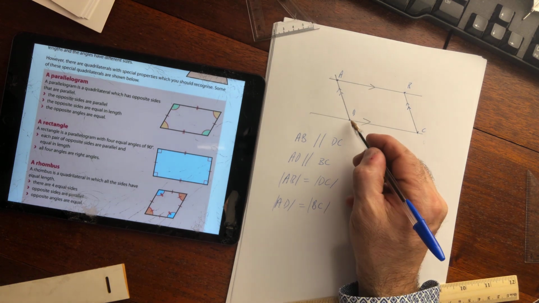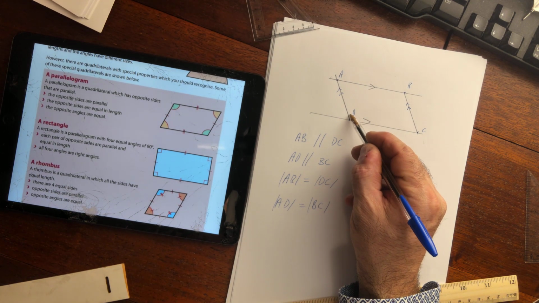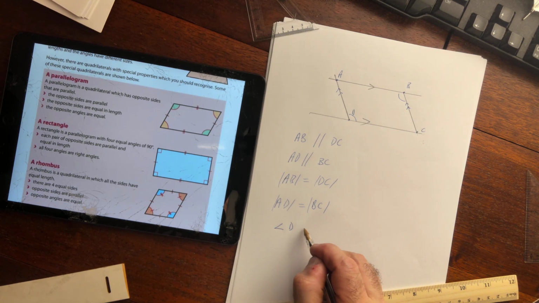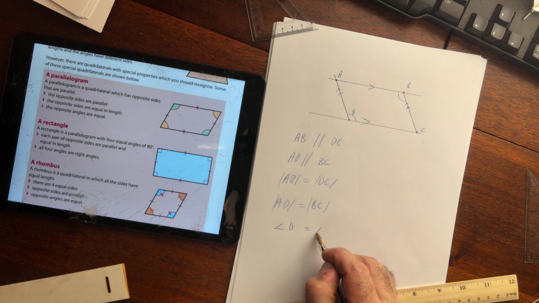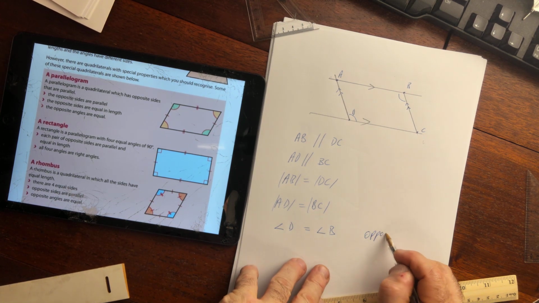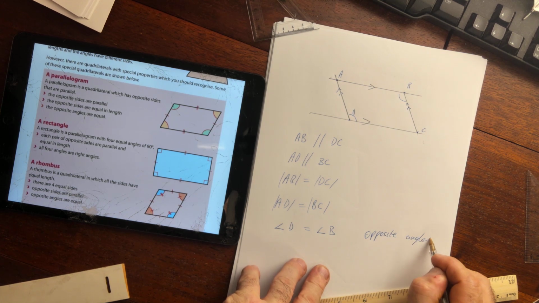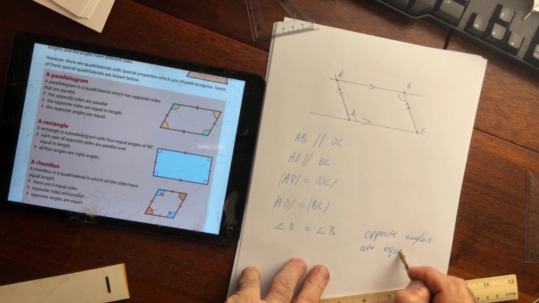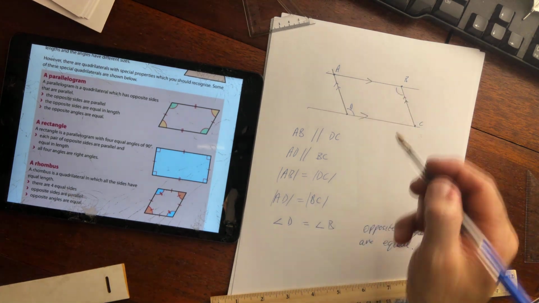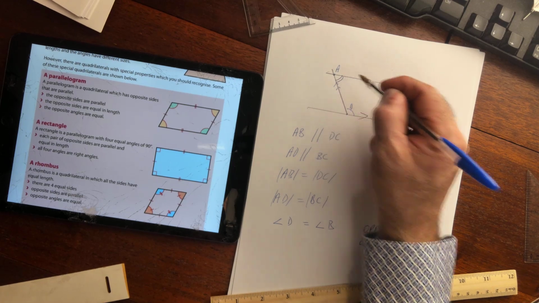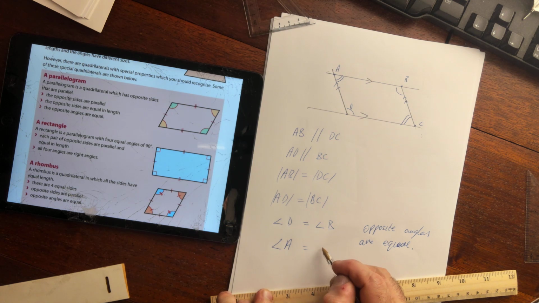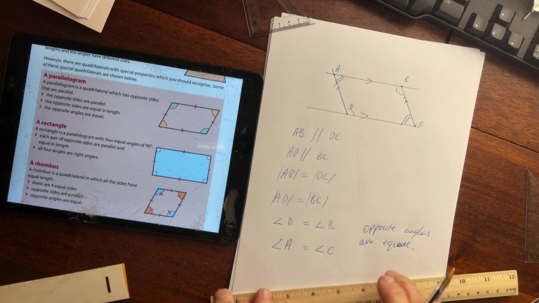The angle at D is equal to the angle at B, so I'm just going to say angle D, assuming that they're internal, is equal to angle B. So opposite angles are equal. These are opposite angles and they're equal, and the other two opposite angles would also be equal. So we would have that angle A is equal to angle C.